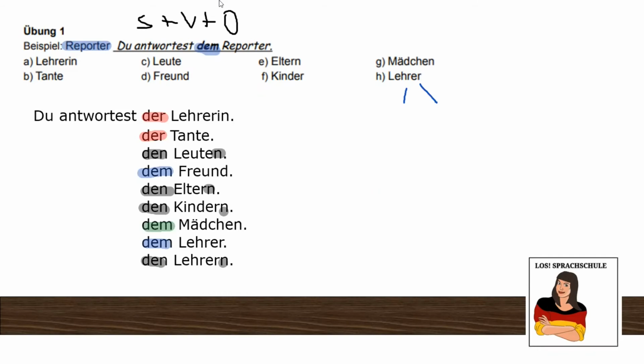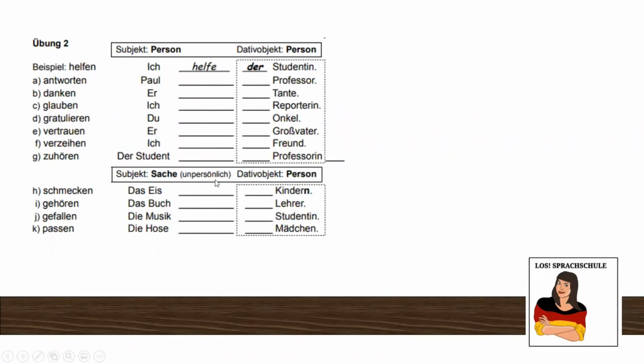This is it actually. In our next exercise, we need to know the why. What I mean is, what verbs do need a dative object in the first place? So you can learn all those verbs here need a dative object. I will give you time in a second to do the exercise. You can press pause.